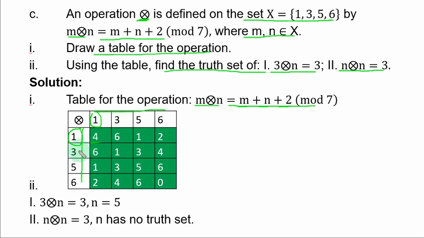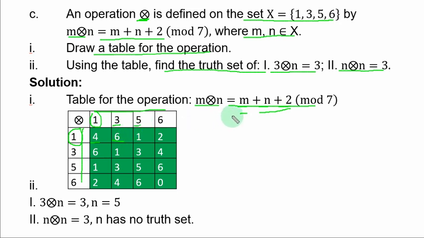Now you take the same one against 3. That is when m is 1, n is 3. When you add, you have 4. 4 plus 2 is 6. 6 is an element in modulo 7. You record it. You take 1 against 5.